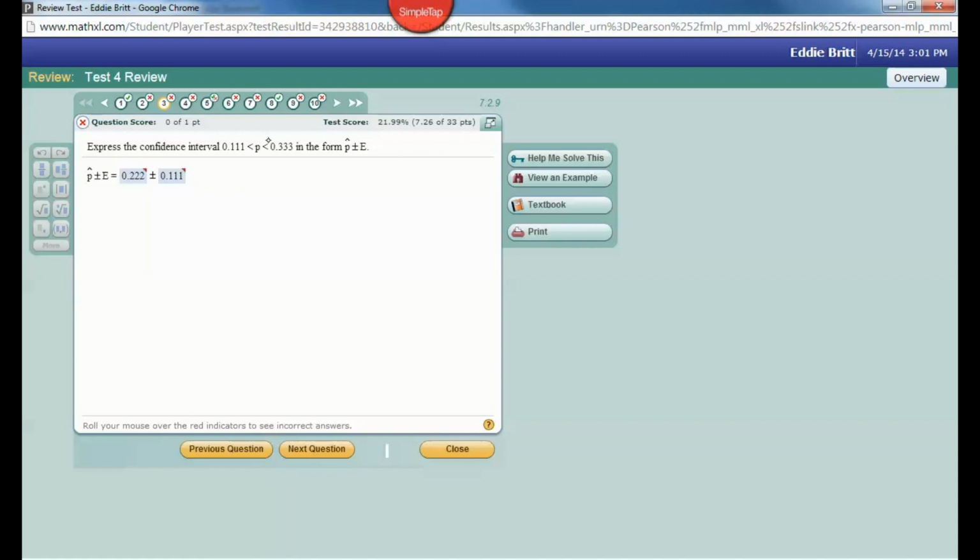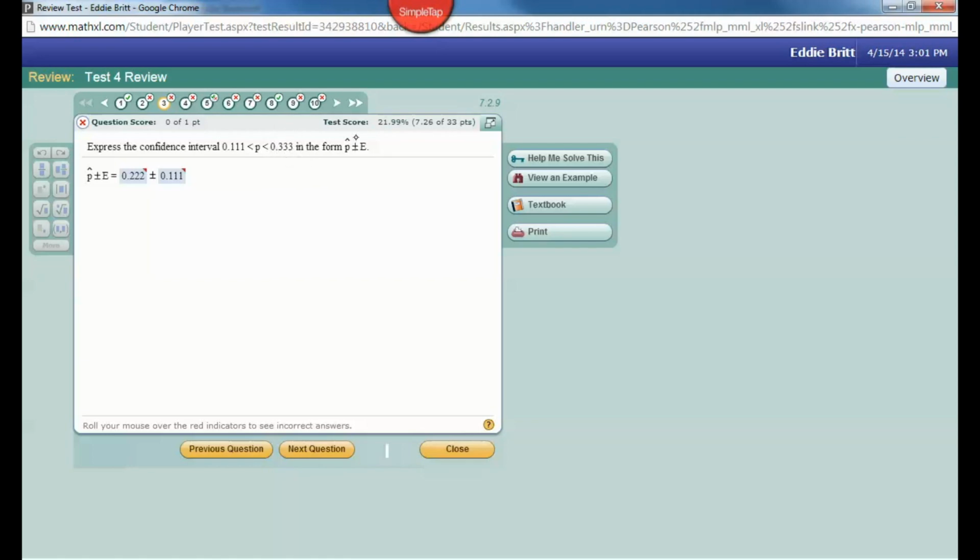Express the confidence interval, here's the interval, CI, in the form p hat plus or minus e. The way that we have this given right now, this is p hat plus e, this is p hat minus e.